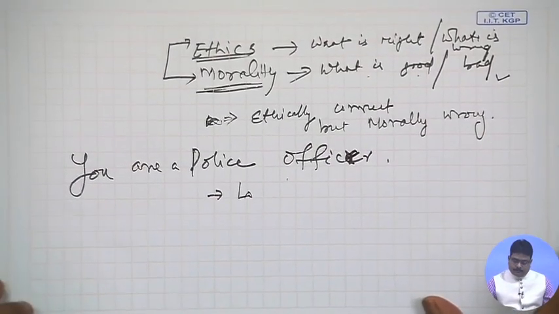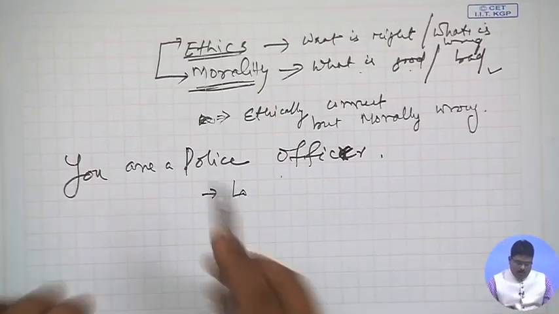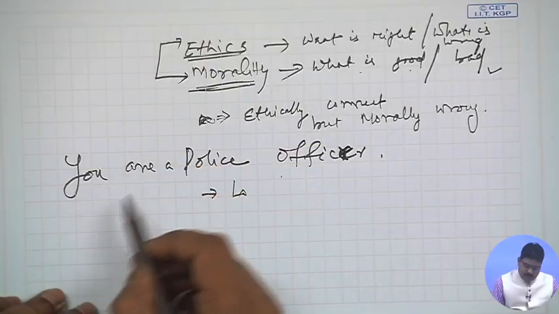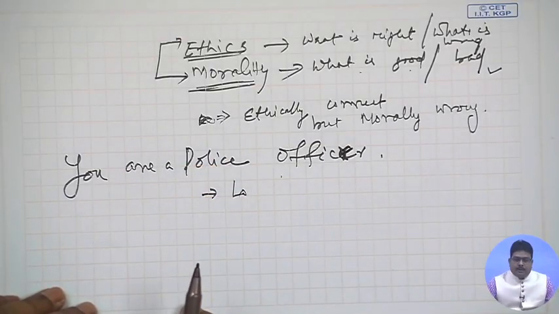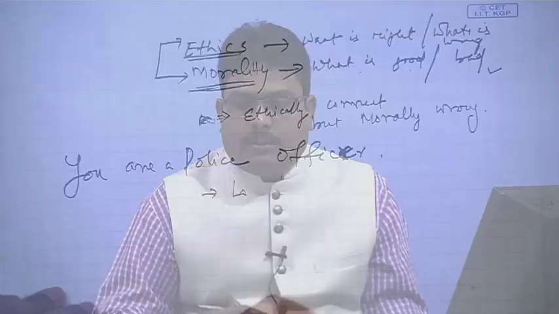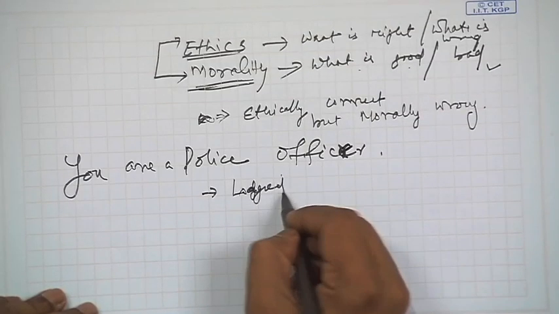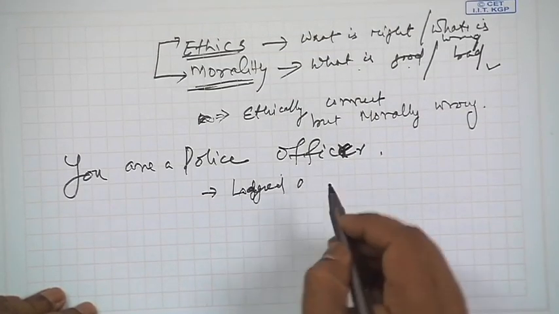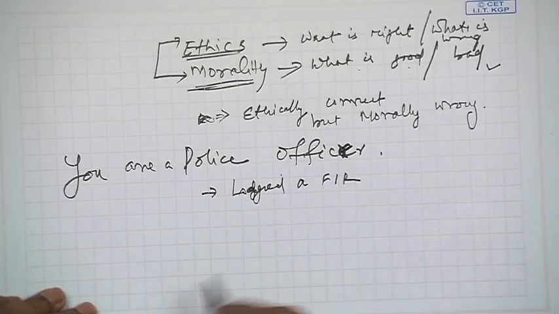But let us have an example. Say you are a police officer, one of your brothers has committed a crime, and as a police officer you lodge an FIR against your brother.